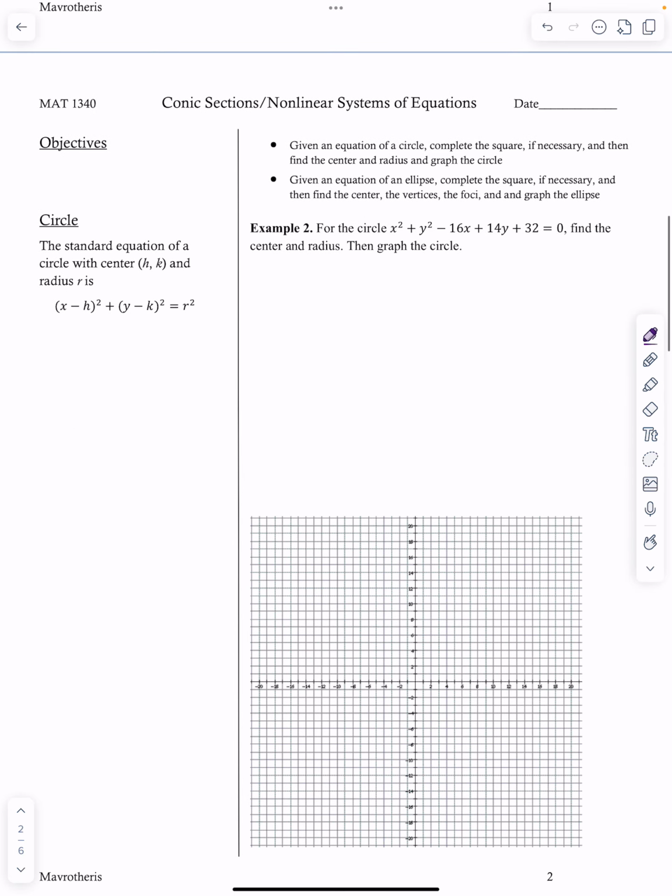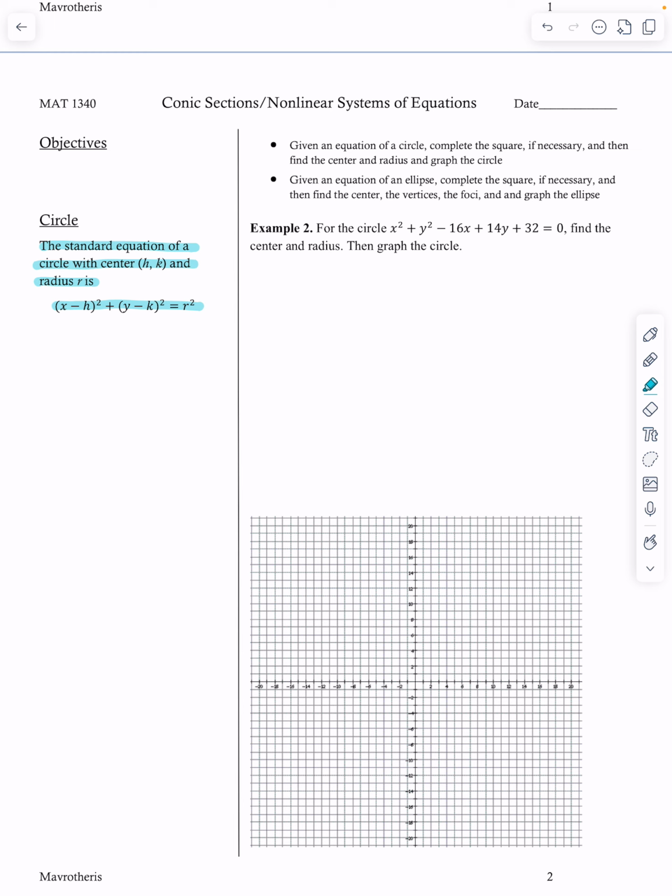We have the standard form of the equation for a circle. The standard equation of a circle with a center (h, k), which means we took our (0, 0) and moved it h horizontally and k vertically, just like we do with other equations, is x minus h quantity squared plus y minus k quantity squared equals r squared.